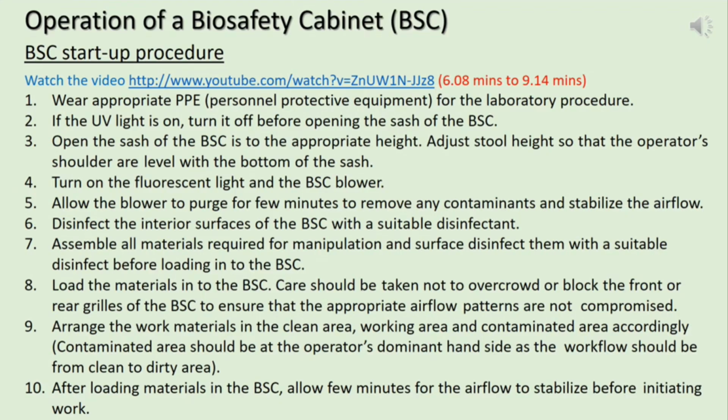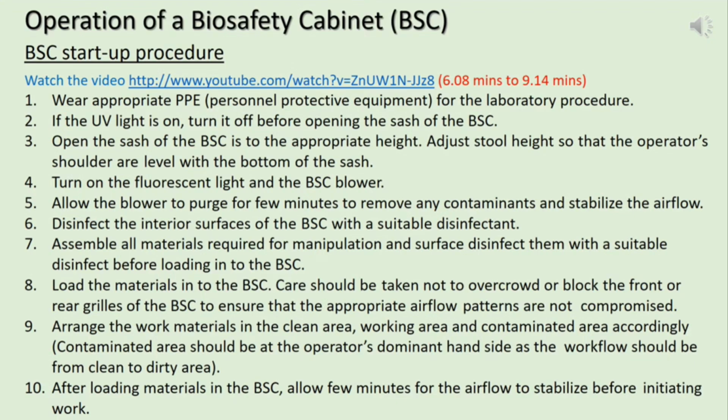Okay, then when you arrange the work materials in the BSC, you also have to arrange them in three areas, like your clean items in one area. Usually your working area is in the middle, and there should be a contaminated area where you can keep your biohazard bag and all the used items like pipettes, etc. The general rule is the contaminated area should be at the operator's dominant hand side, because your workflow should be from clean to dirty area in order to avoid any cross contamination while you are working.